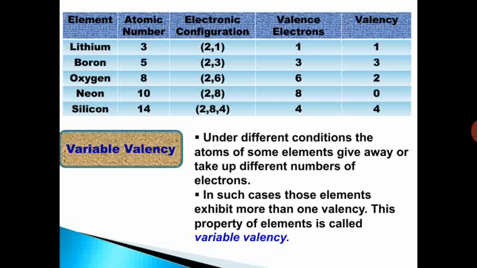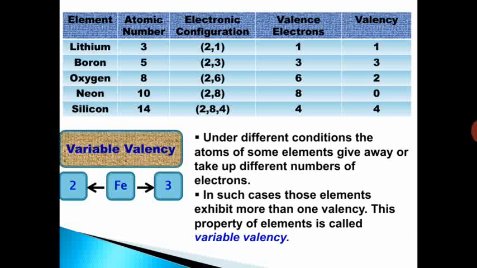Under different conditions, atoms of some elements give away or take up different numbers of electrons. Sometimes they give 2 electrons, sometimes they give 3 electrons. In such cases those elements exhibit more than one valency. This property of an element is called variable valency, and the atom or element is said to be an atom with variable valency.